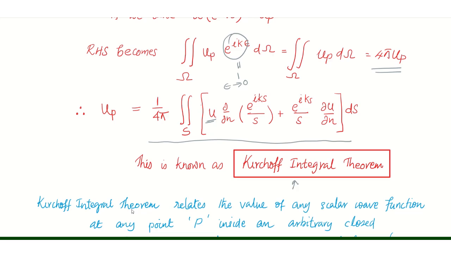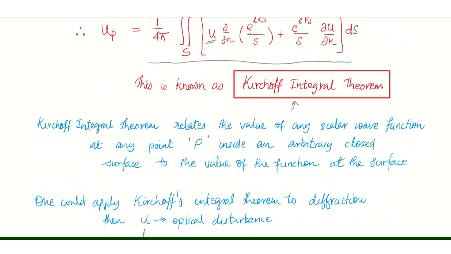Now to sum up, Kirchhoff's integral theorem relates the value of any scalar wave function at any point P inside an arbitrary closed surface to the value of the function at the surface.